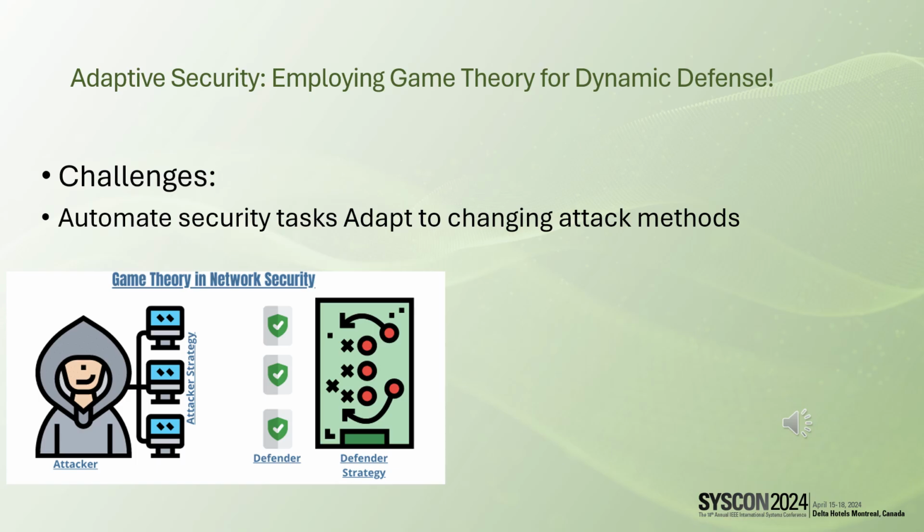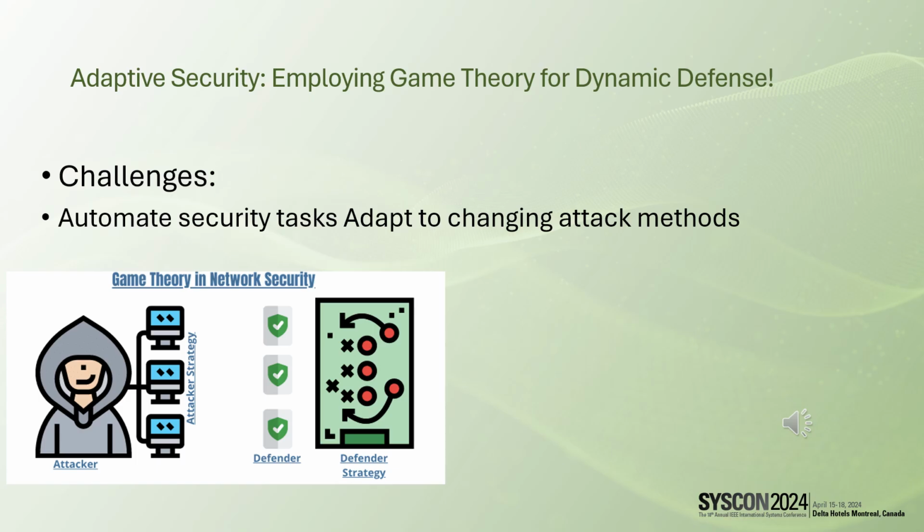So as you can see on this slide, we have adaptive cybersecurity, which is very trendy nowadays. The challenges in the dynamic landscape are multifold. We need to stay a step ahead of the cyber criminals who are continually refining their methods to exploit vulnerabilities.